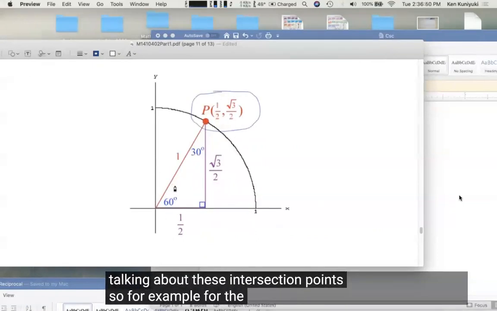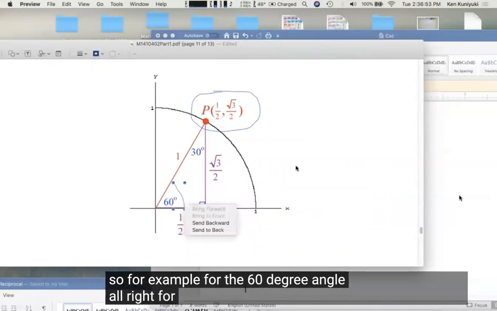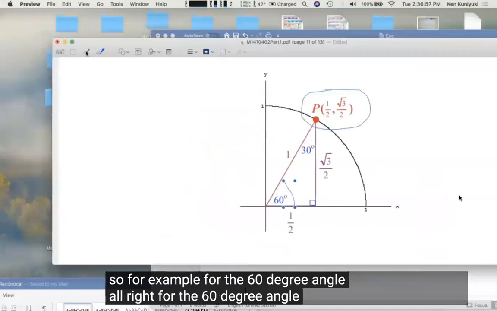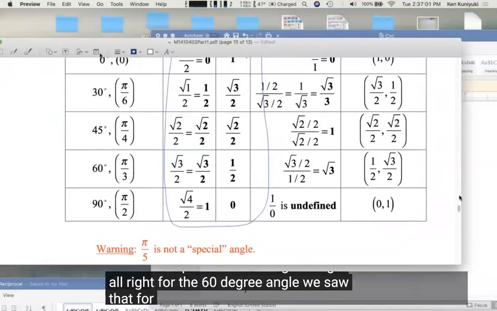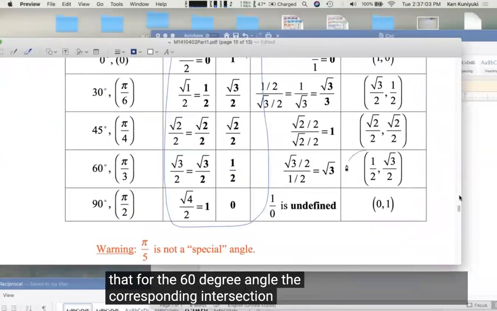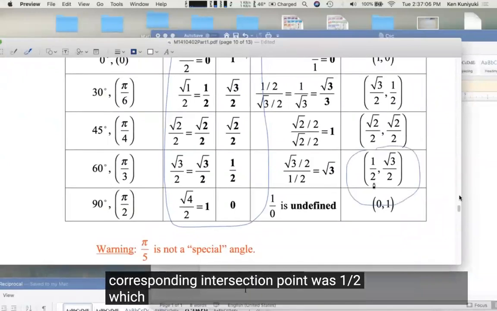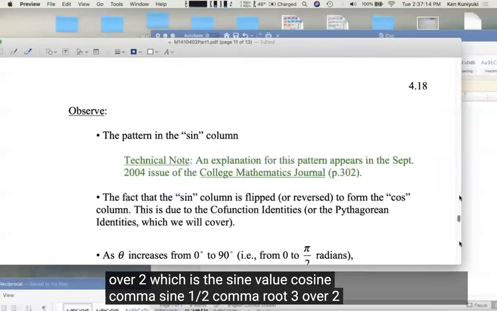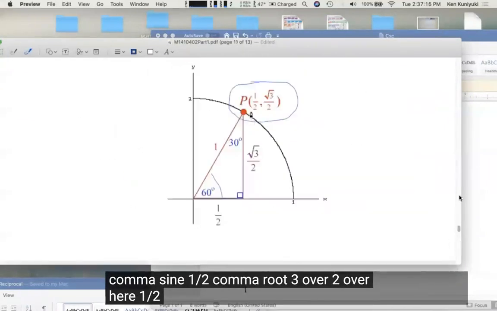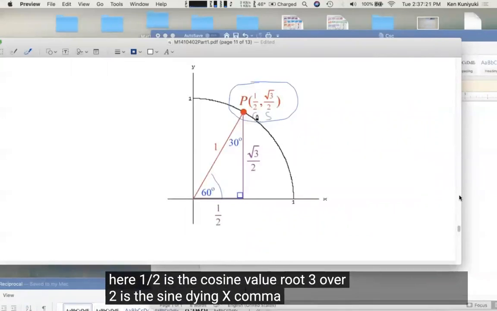So for example, for the 60-degree angle, we saw that the corresponding intersection point was 1/2, which is the cosine value, comma, root 3 over 2, which is the sine value, cosine, comma, sine. 1/2, comma, root 3 over 2. Over here, 1/2 is the cosine value, root 3 over 2 is the sine value, x, comma, y.